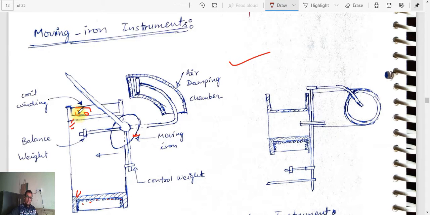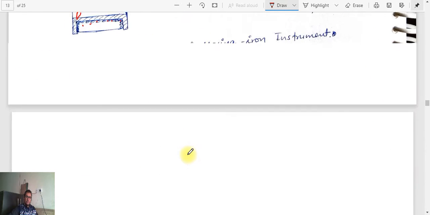When current flows in this coil, the moving iron moves. This is called the attraction type, and there is also a repulsion type.